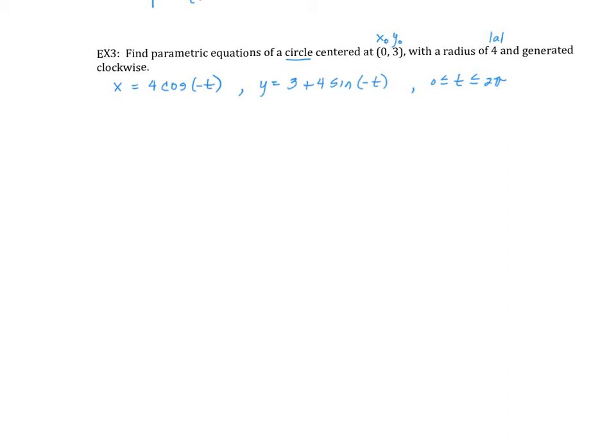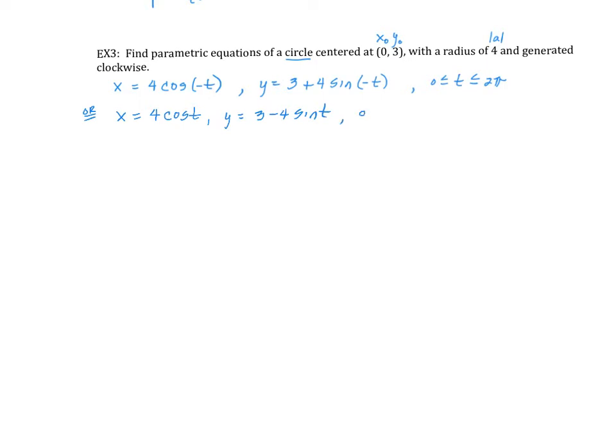Now remember that cosine is an even function and sine is an odd function. So I could also write my x value as 4 cosine of negative t, which is just 4 cosine of t. I can write the sine of negative t by pulling out the negative, so this is just going back to trig, and get 3 minus 4 sine of t.